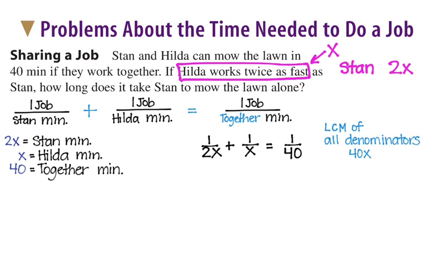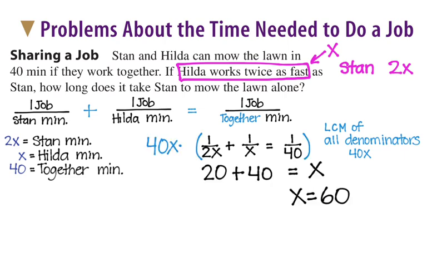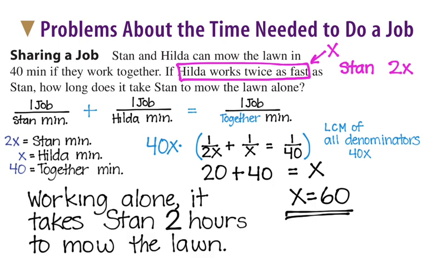We've got fractions, so we multiply by the least common multiple of the denominators, so we no longer have fractions. Then we add that up and we get x equals 60. It takes Hilda 60 minutes, and if it takes Hilda 60 minutes, then it takes Stan 120 minutes, otherwise known as 2 hours. So, working alone, it takes Stan 2 hours to mow the lawn.